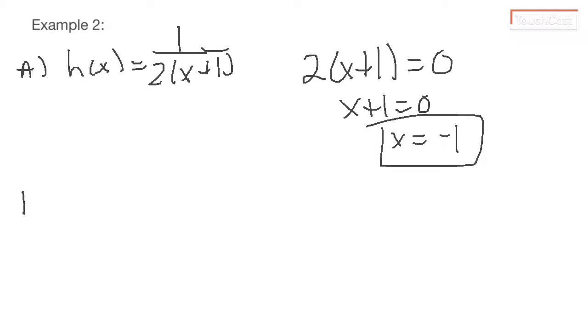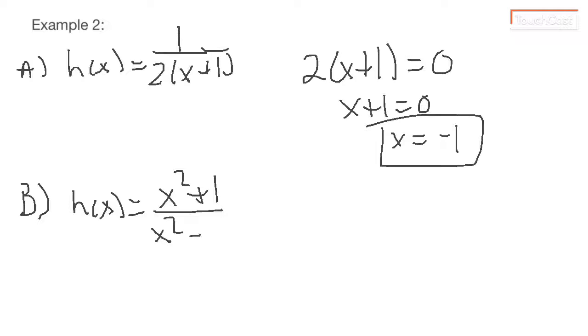Let's also look at another example. We'll call it B, where we're going to have our function h of x equal to x squared plus 1 over x squared minus 1. Again, we don't want the denominator to equal 0. There's a couple methods we could use to find what x values would make that denominator 0.